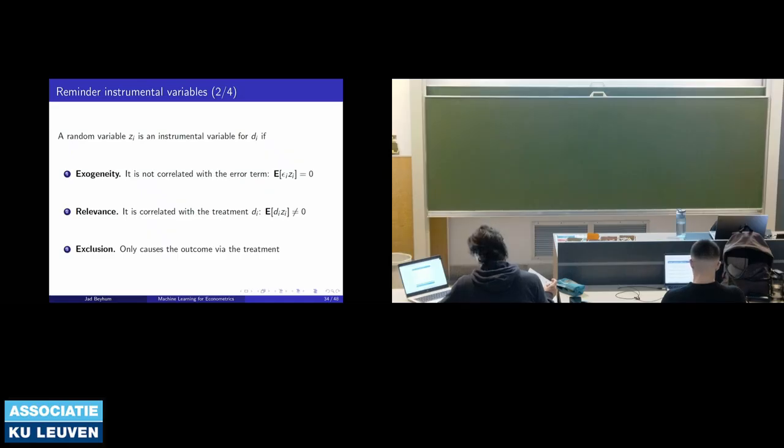Because when you compare the group of people who grew up close to a college and the group of people who grew up far away from a college, you're going to identify a mix of two effects. One is the effect of education, and the other one is just because you grow up close to a college, you have a better network, for instance. Okay, so you need to rule out that college proximity has any effect on your wage except through education.